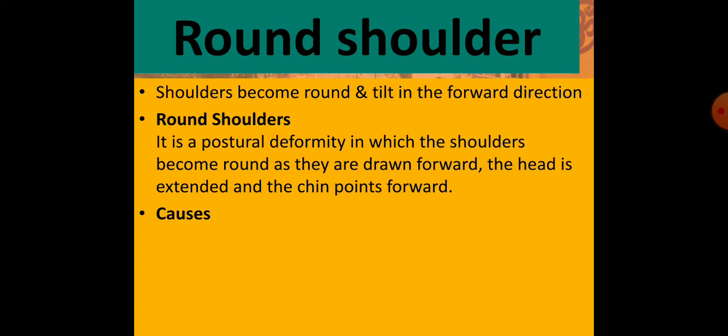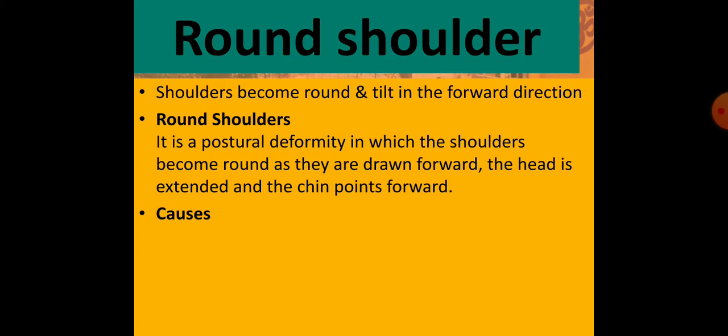Round shoulder is the postural deformity in which the shoulders become round as they are drawn forward. The head is extended and the chin points forward. When the shoulders come down, the whole alignment of the upper body brings the head and face downwards.